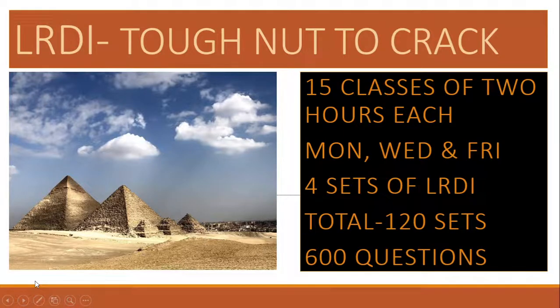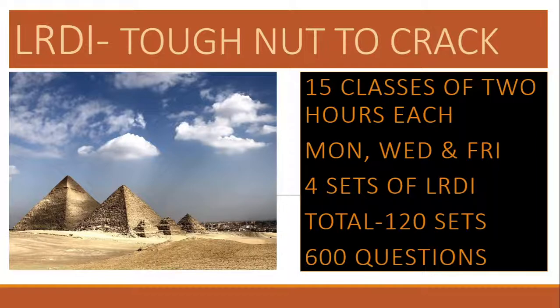We are planning 15 classes this year for LRDI CAT 2021. Each class will be a 2-hour session where we will try to solve 4 sets of LRDI. Each question will be explained in detail, and even the logic behind a particular question.